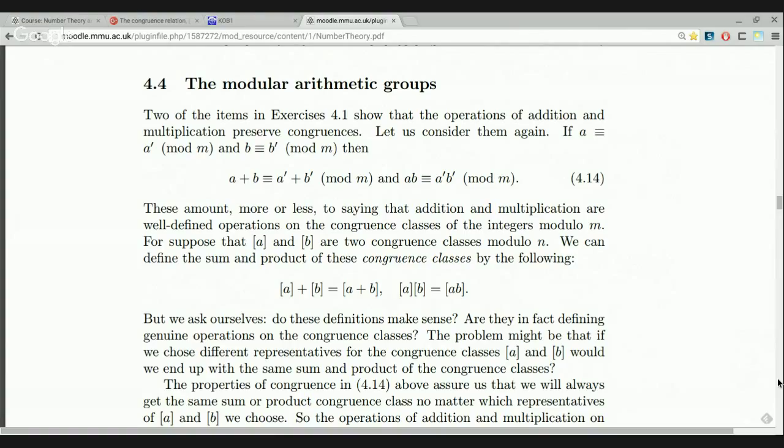Then this square bracket notation stands for the congruence class of A modulo 10. It's the set of all integers B such that A is congruent to B modulo 10. So this set here is the congruence class 5. This set here is the congruence class 3, and so on.